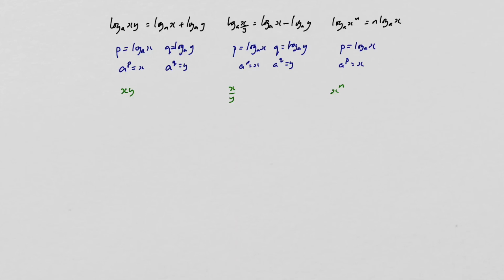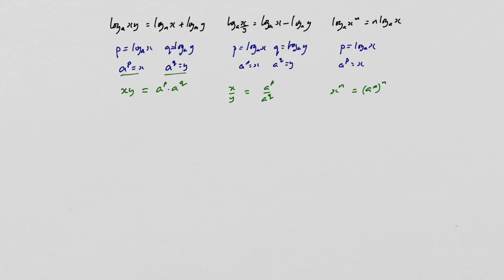So now we've converted into these forms, then our x is now equal to a to the p, and our y is equal to a to the q. And here we have a to the p over a to the q, and here we have a to the p to the n.